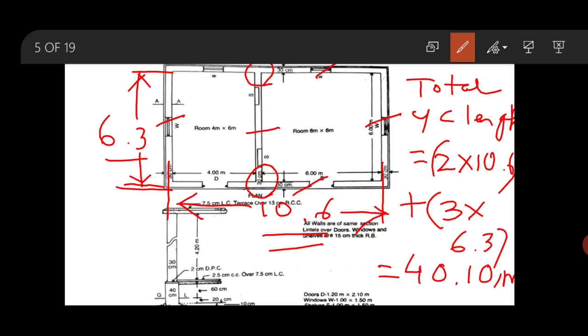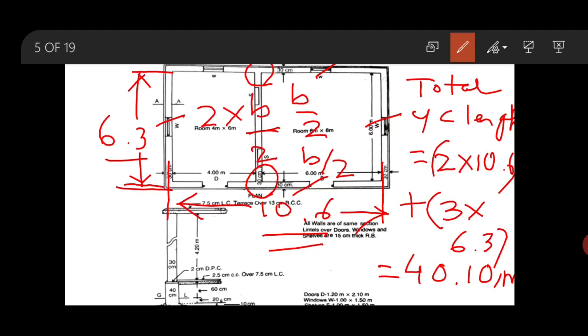For one junction the excess quantity is b by 2, that means width by 2, and for another junction it is also width by 2. So for two junctions we need to subtract 2 into b by 2.